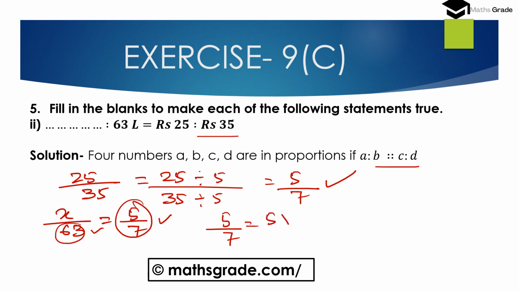If we multiply 7 with 9, we get 63, and we have to multiply the same number 9 with the antecedent 5. So 5 multiplied by 9 is 45 and 7 multiplied by 9 is 63. So this is 45 divided by 63. So 45 liter is to 63 liter is equal to 25 rupees is to 35 rupees. So the missing term is 45 liter.